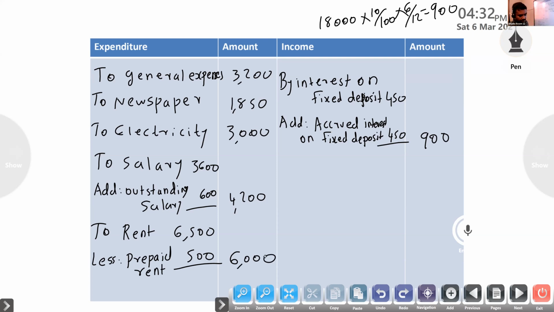Next, postal charges. No adjustments are there. To postal charges 300.